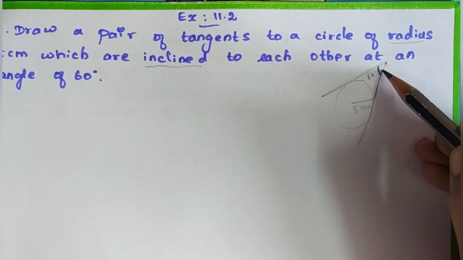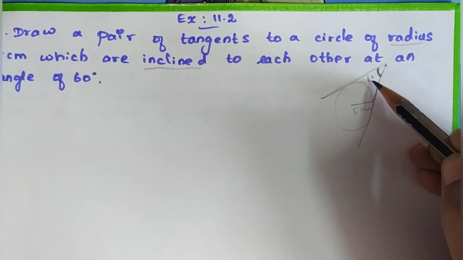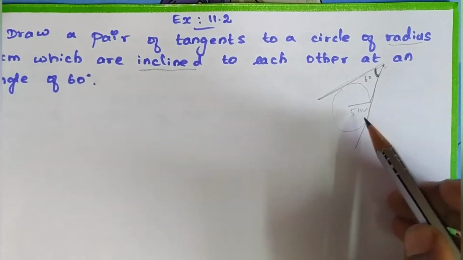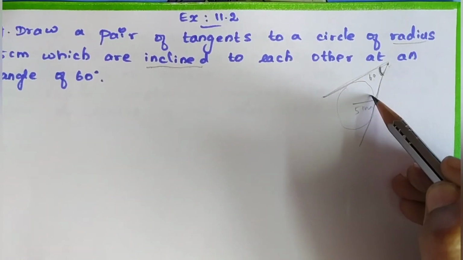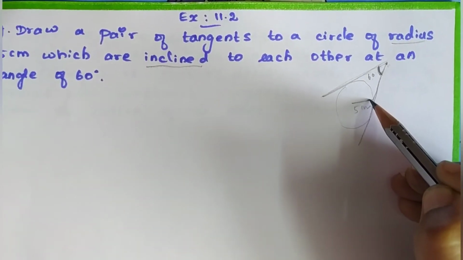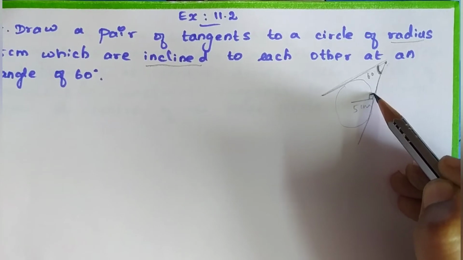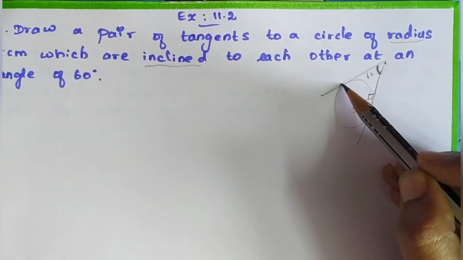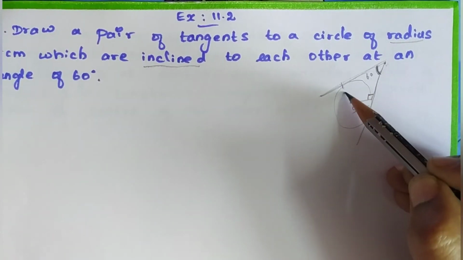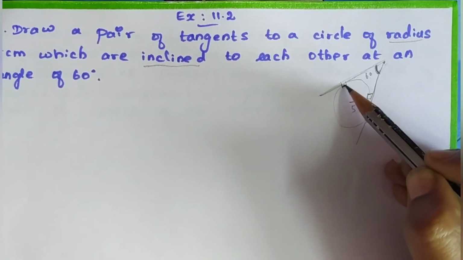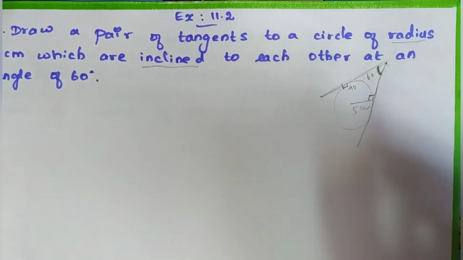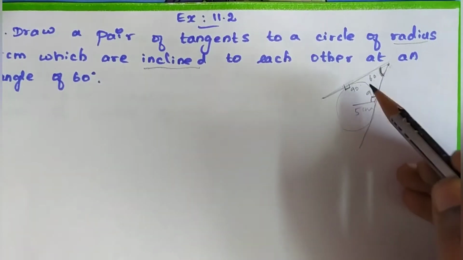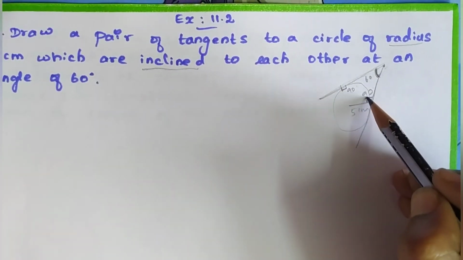Tell me one thing, the radius and the tangent make 90 degree. So this one also must be from here. If we join, this one is also 90 degree.